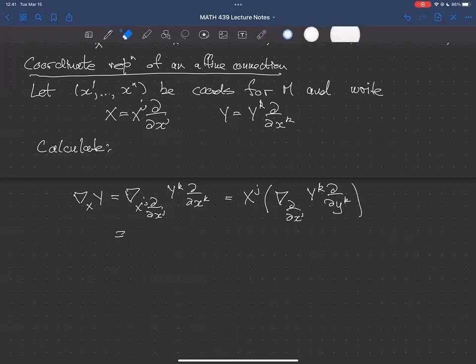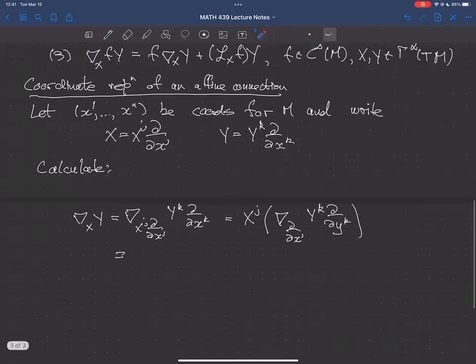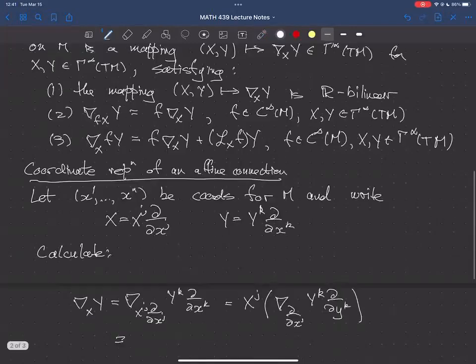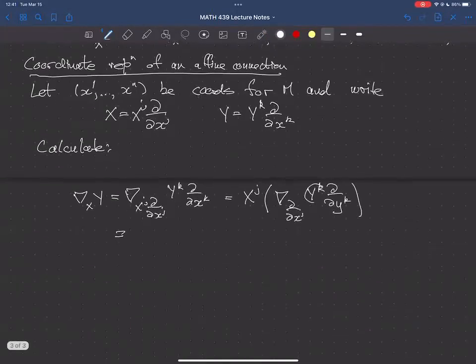Now I'm going to use the third condition here, because now I have a function Y^k times a vector field d/dx^k. So I'm going to apply the rules.